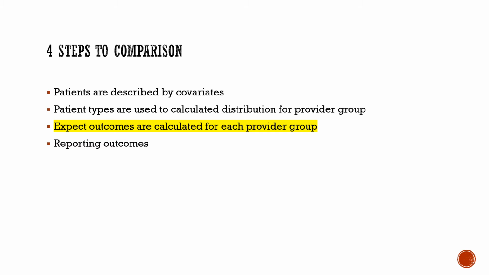The third step is expected outcomes. The expected outcomes are the sum of product of the probability for patient types in each group. This is when we will also be answering our question, and we will do so by switching the distribution of clinician patients to evaluate how the peers perform on clinicians' patients.